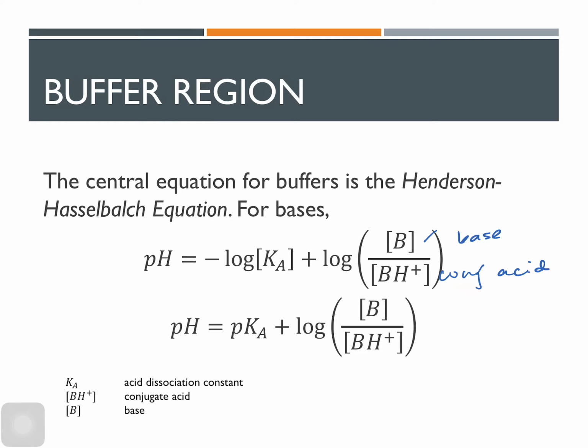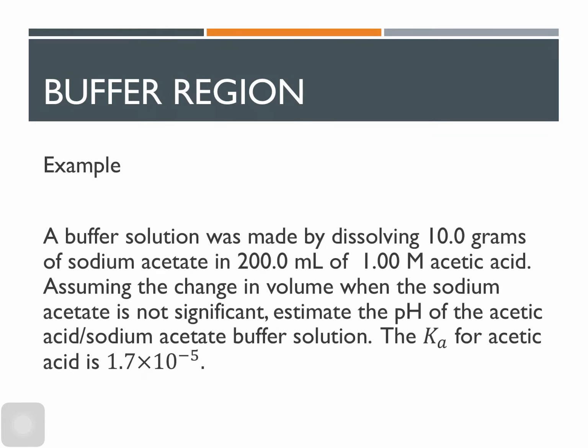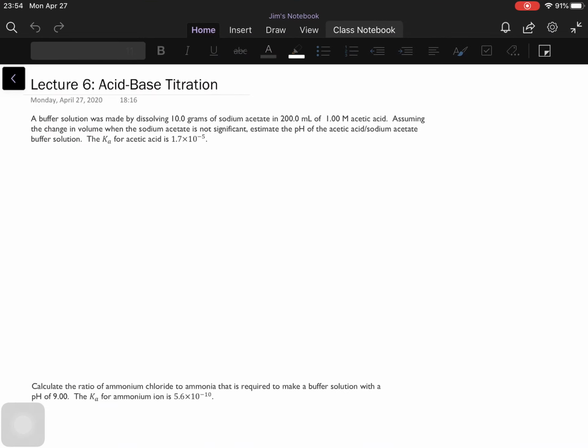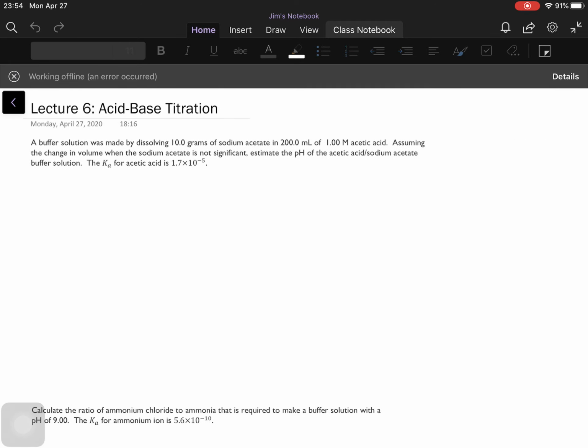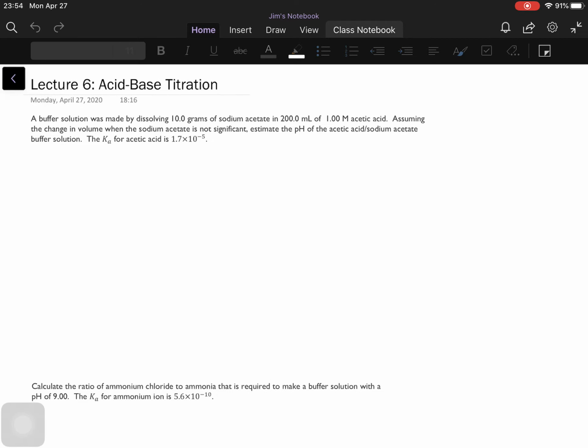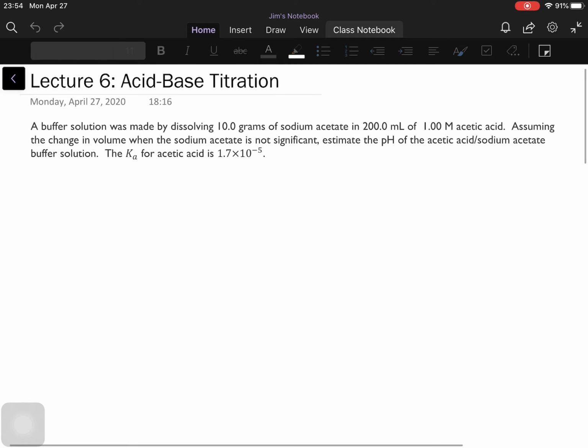Okay, so let's have one example. A buffer solution was made using 10 grams of sodium acetate and 200 ml of 1 molar acetic acid, assuming the change in volume when the sodium acetate is added is not significant. I have a typographical error here.